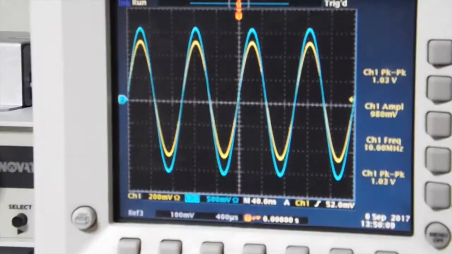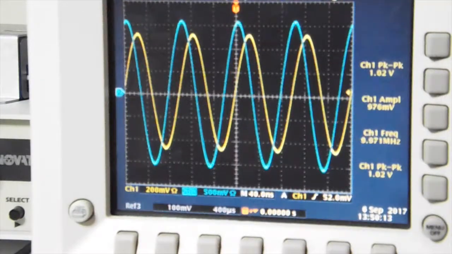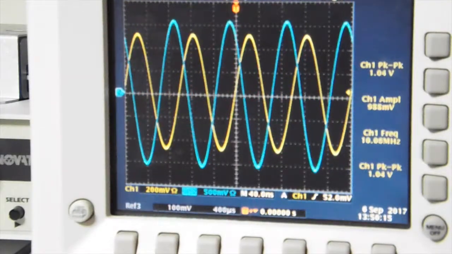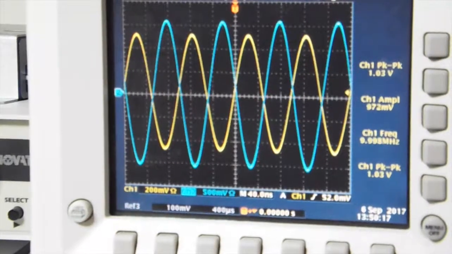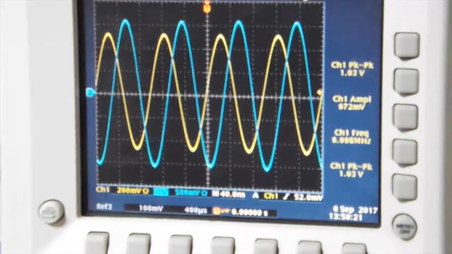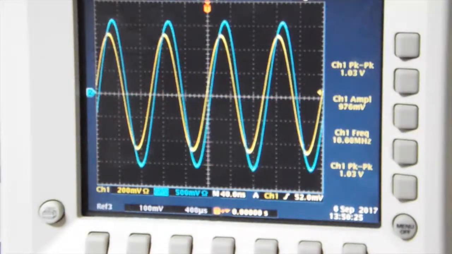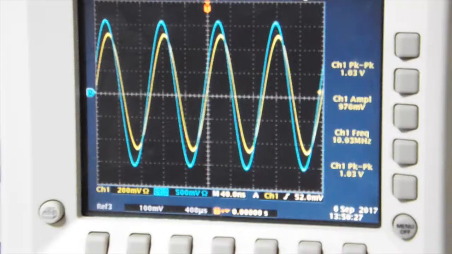Now, as we witness, there is still drift between the 2 waveforms due to the fact that 2 master oscillators are almost impossible to synchronize to the point of having 2 outputs at the exact same frequency. Therefore, they will remain in non-phase synchronous operation.